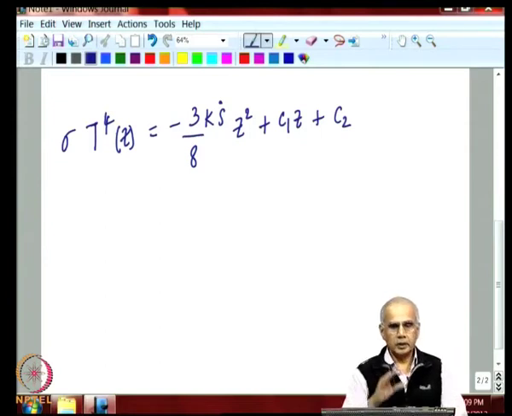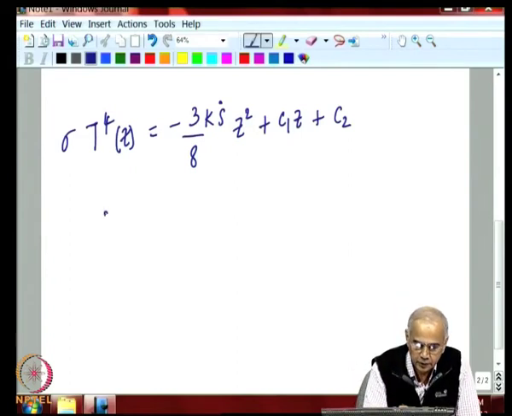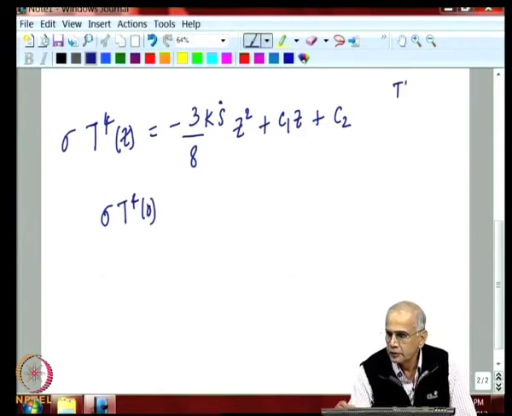And you recall that in the diffusion problem, it is very important to recognize that there is a jump at the wall. Let us take an example. Take the temperature of the wall. Note that T of 0 is not equal to T1 and T of d, the upper wall, is not equal to T2.